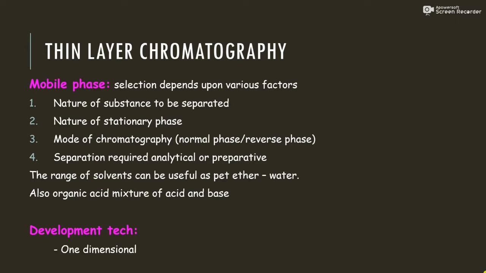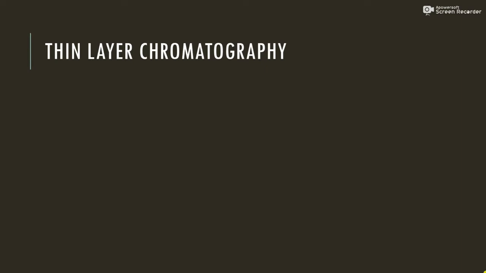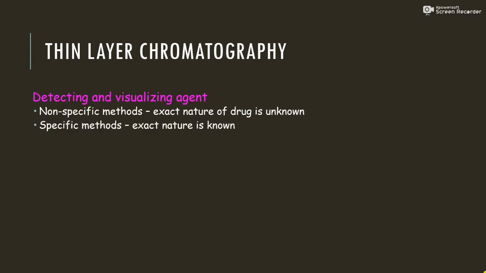Then the development technique. One dimensional and two dimensional are the two techniques available. Here we are going to study only one dimensional for our caffeine. Detecting and visualizing agent: non-specific methods, where the exact nature of the drug is not known, and specific methods, where the exact nature is known.